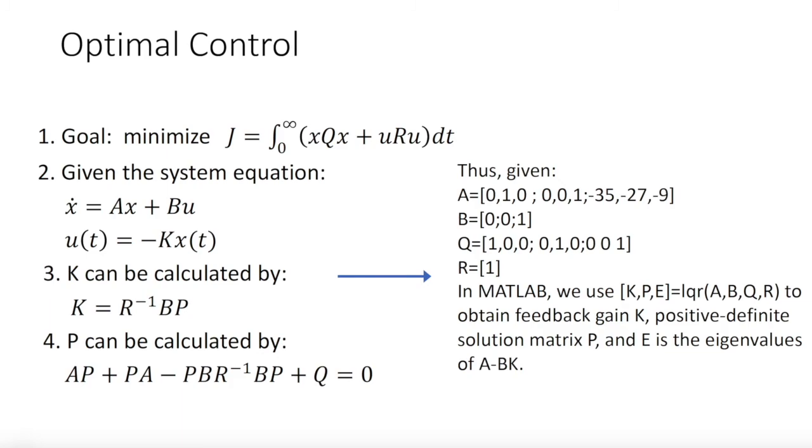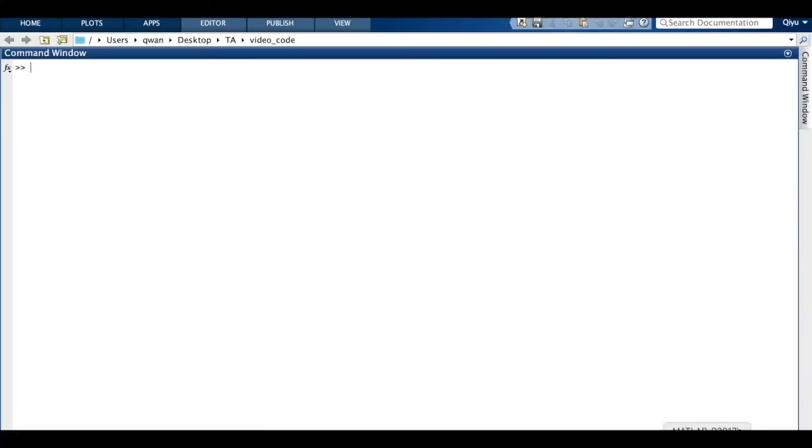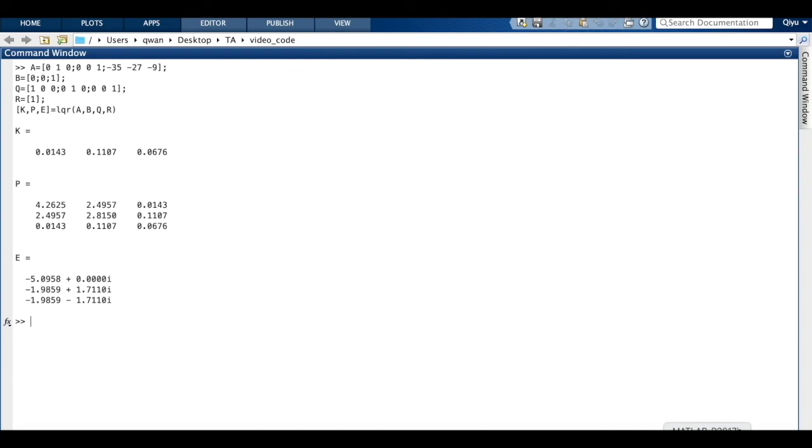Then our goal is to find first of all P to satisfy the last equation, and then finding the gain of the controller. Here the corresponding function is LQR. LQR of the A, B, Q, and R will give us the K, P, and E matrices.